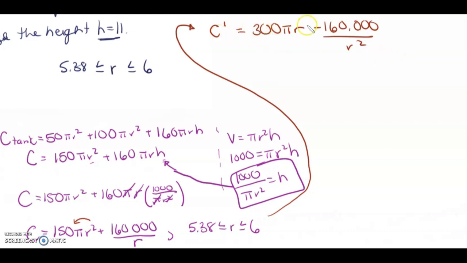So when does this equal 0? 0 equals 300 pi r minus 160,000 over r squared. We want to find the critical points.